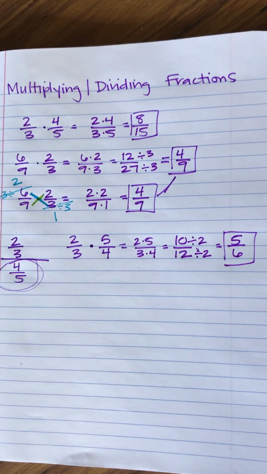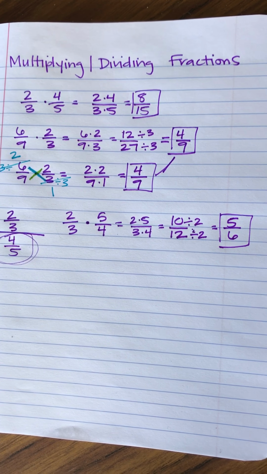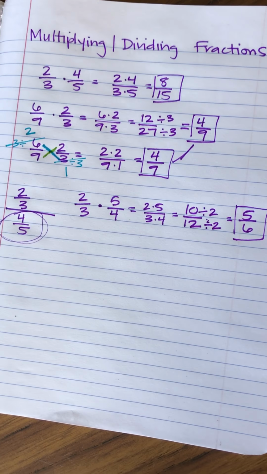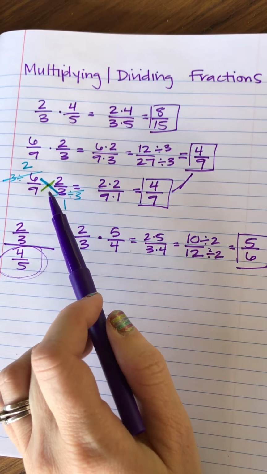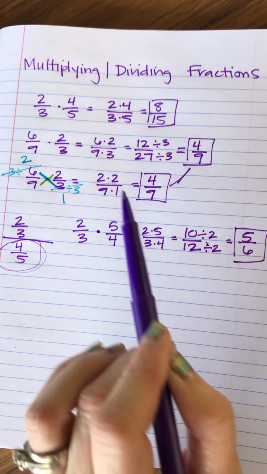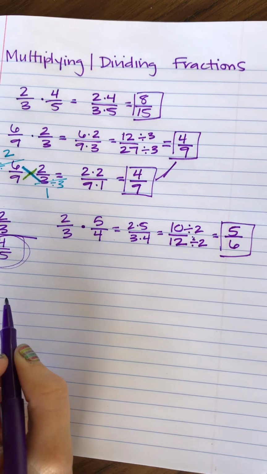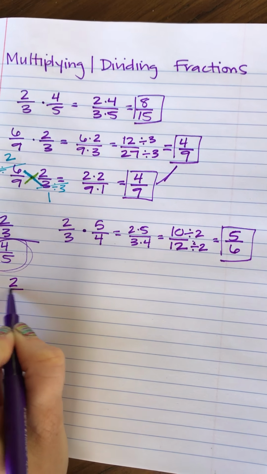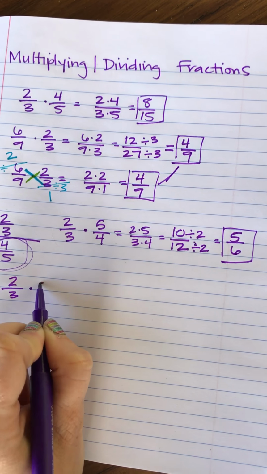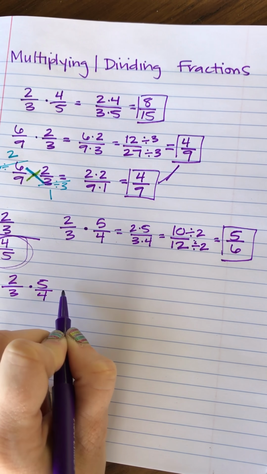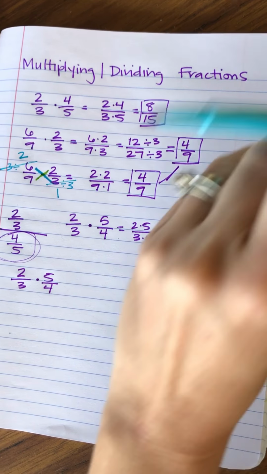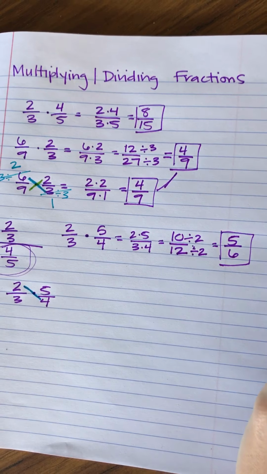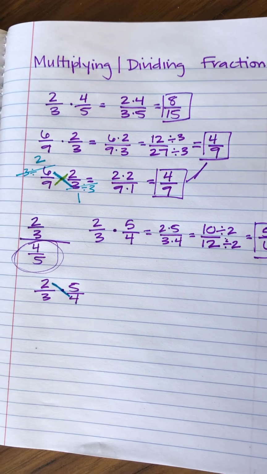All right, another way of dividing fractions is to do the reduction before we multiply. So just like we cross multiplied or looked at our numbers up here, we're going to do the same down here. So let's use our same fraction again. We have our 2/3 times 5/4. So this way, 2 and 4 both have factors of 2.